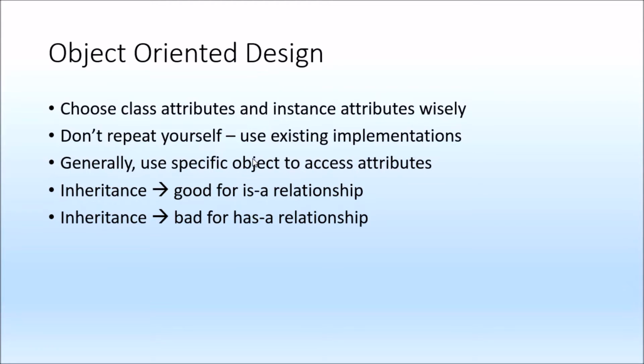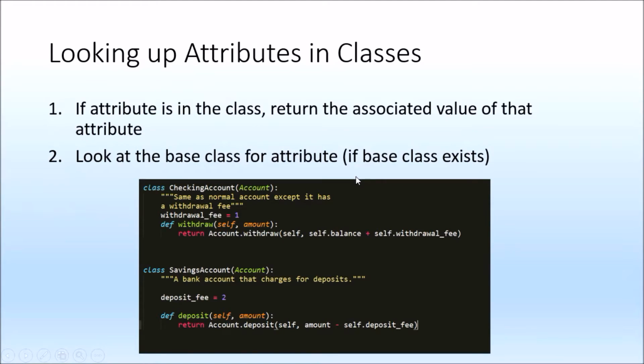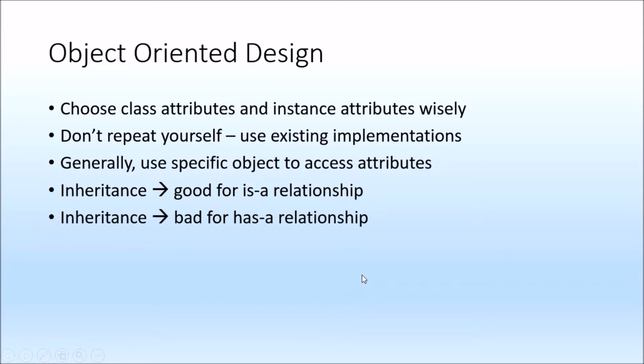And then we've also talked a little bit about using the specific object to access attributes. In this example, you see that I used the object to access the class attribute when I could have used the class. But I use the object because generally that's better. It's more clear, and you make sure that you get exactly what you want.